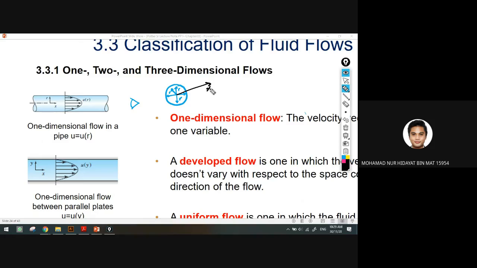So this is where the velocity reflects only the R component. The R starts at the center. When R is smaller, the velocity is higher. When R is increasing, the velocity is decreasing. So this is one-dimensional flow.